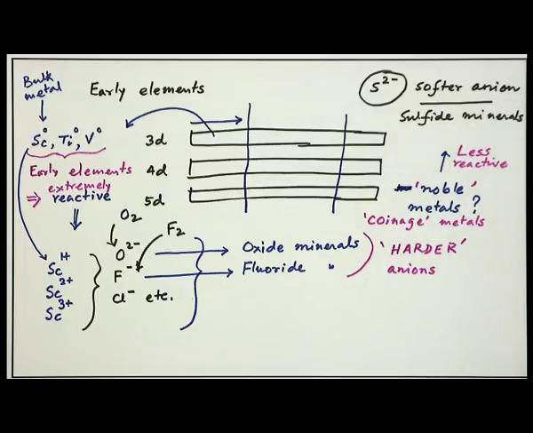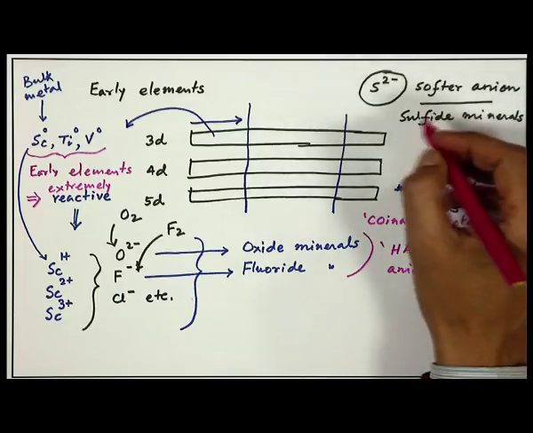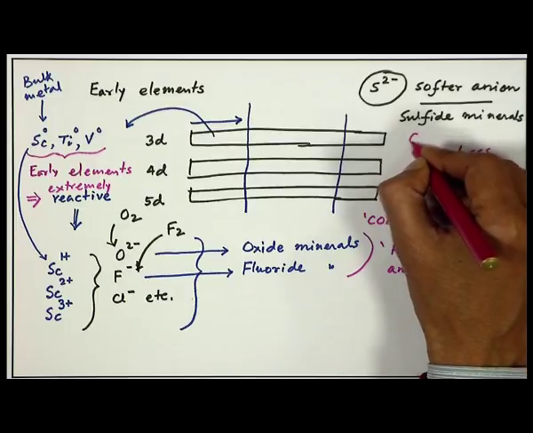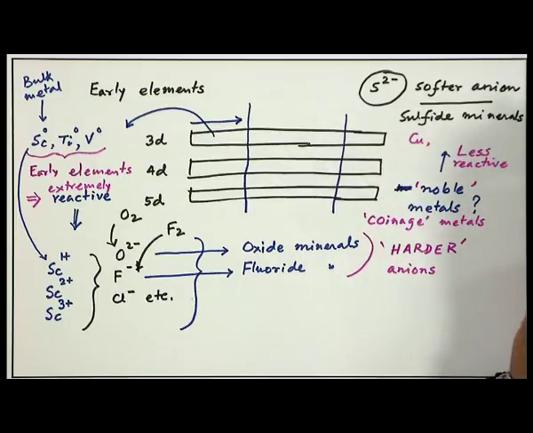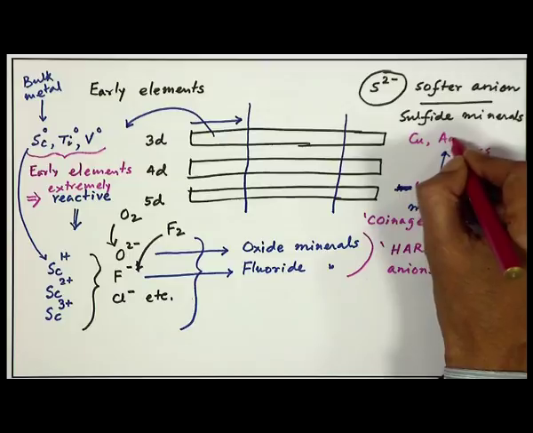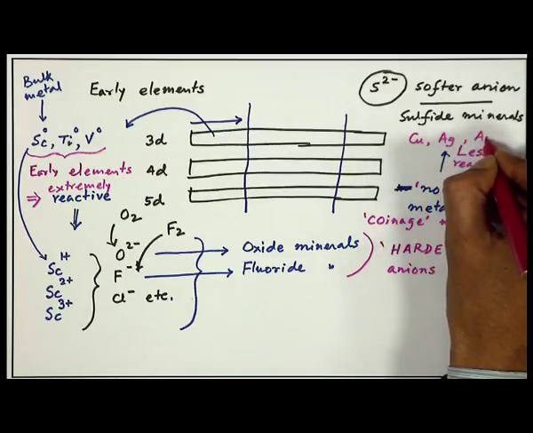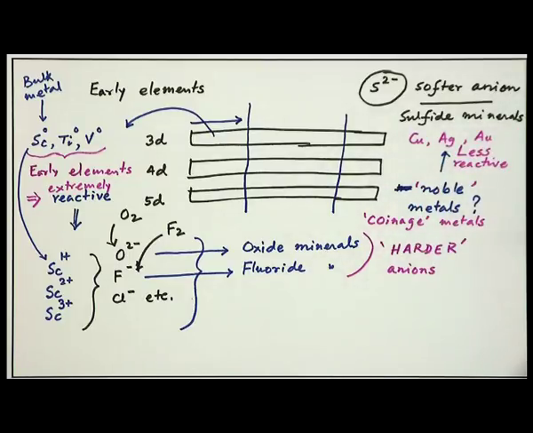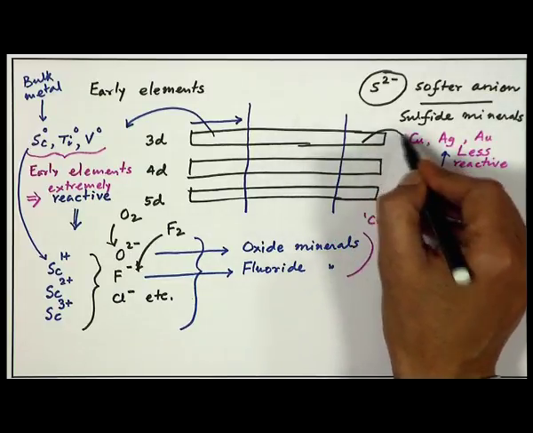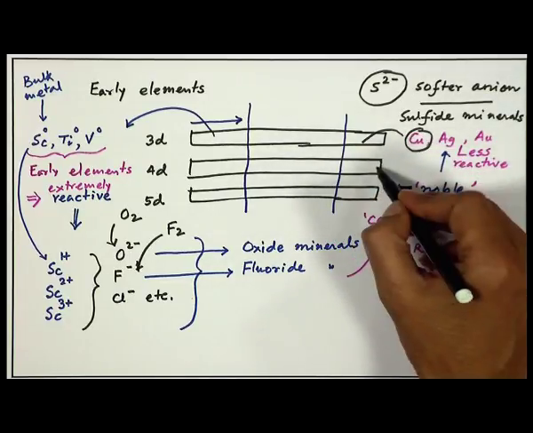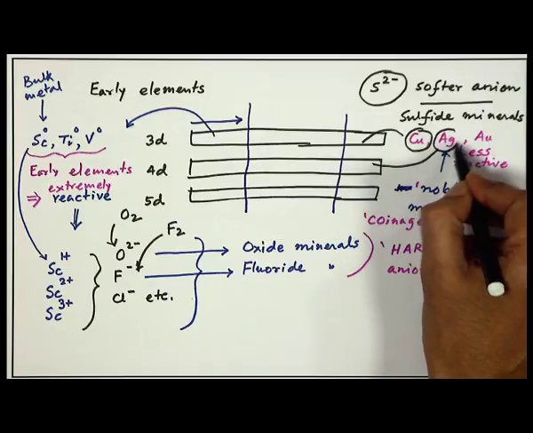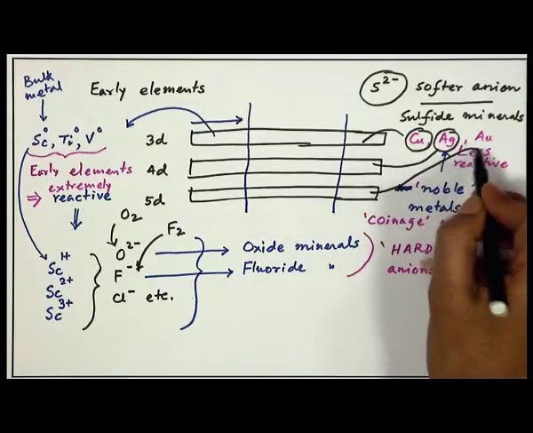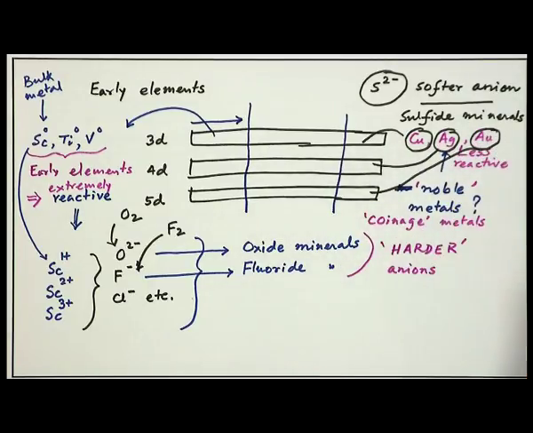And that particular sulfide mineral, if at all we get, is true for copper, is true for silver, is true for gold. So, copper is a member of the 3D, silver is a member of 4D and gold is a member of 5D. So, their reactivity is very less.